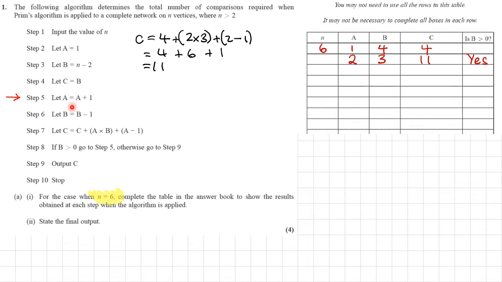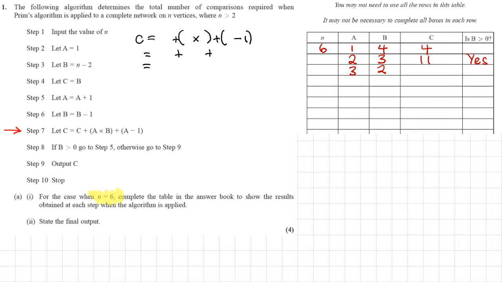Step number 5 says let a equal a plus 1. So we increase a by 1, it now becomes 3. Next step, step number 6, it says let b equal b minus 1, so we decrease b by 1, it now becomes 2. And then step number 7, we have that calculation for c again.